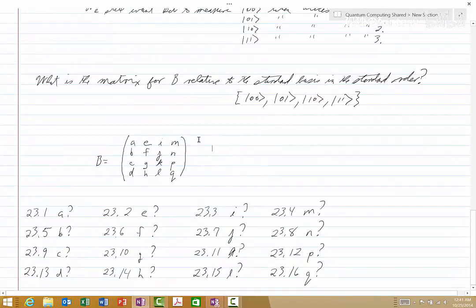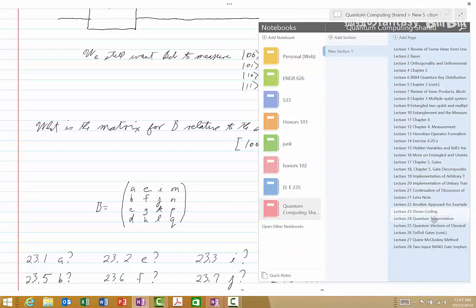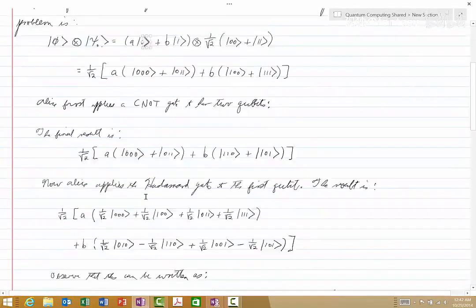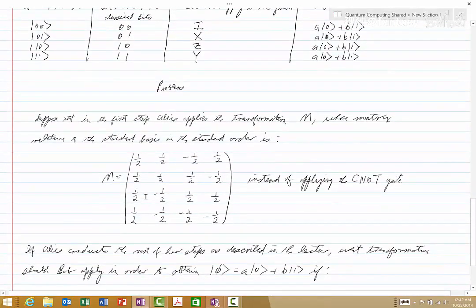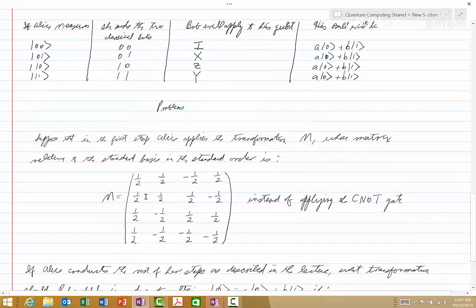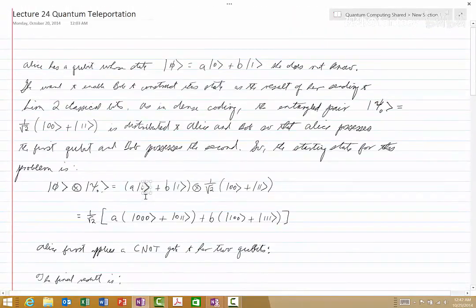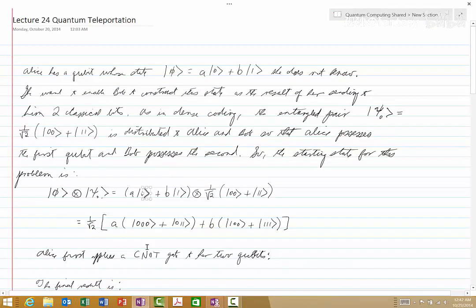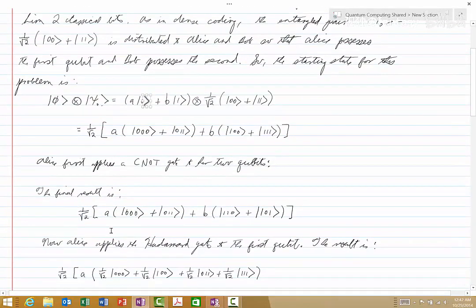And you will remember you found this matrix, but what you might not have noticed was that the matrix that you found is exactly this matrix that we used in the problem at the end of lecture 24. And we said that there, where we're talking about quantum teleportation, remember that Alice now will apply first a C0 and then a Hadamard transformation to those first two qubits that she has.